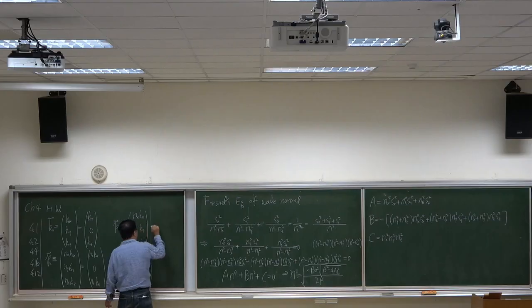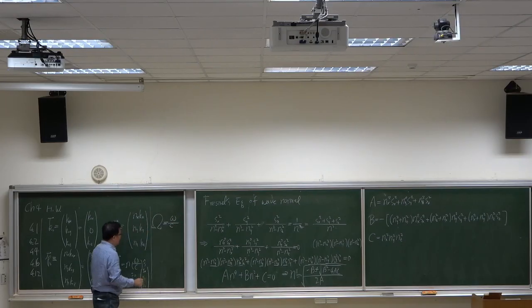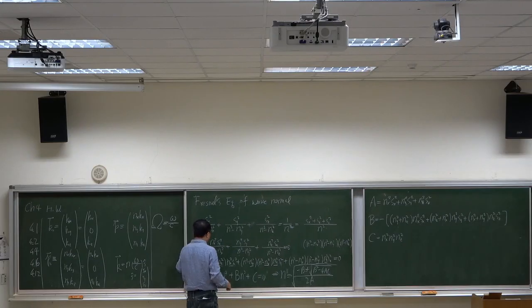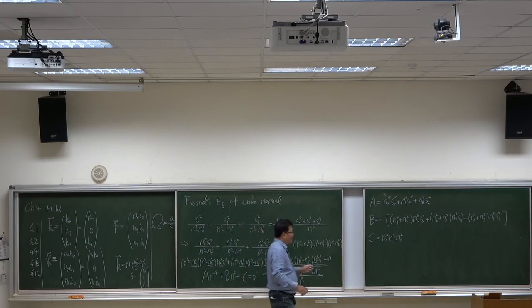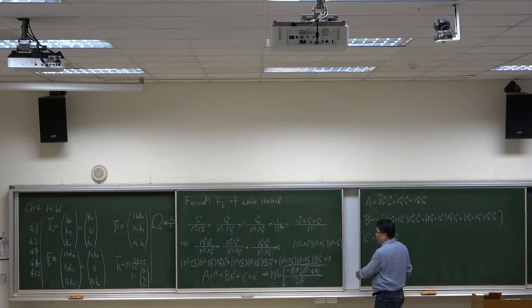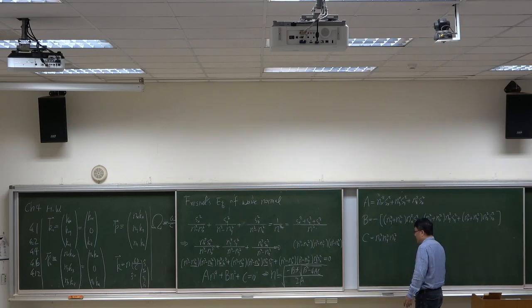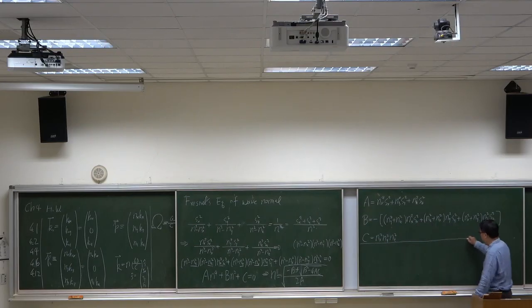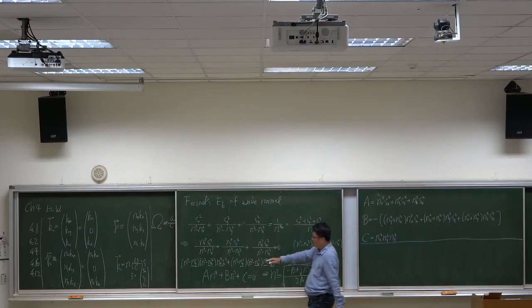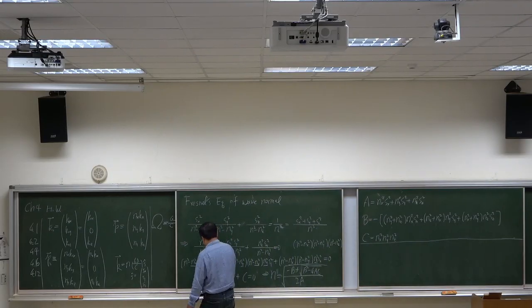I want to define capital omega as omega of c. So we can further simplify the expression of the result. According to this result, now we have this.